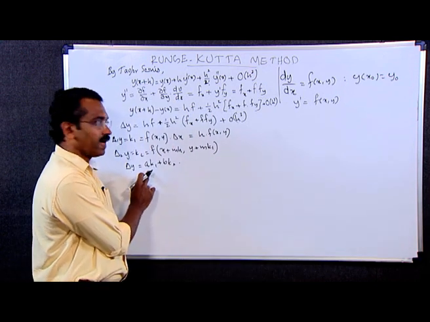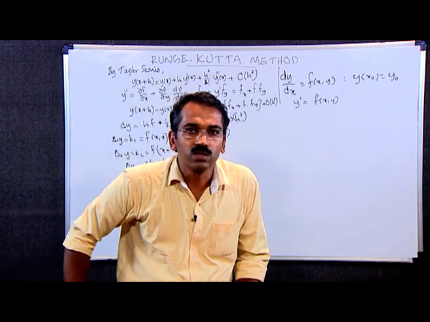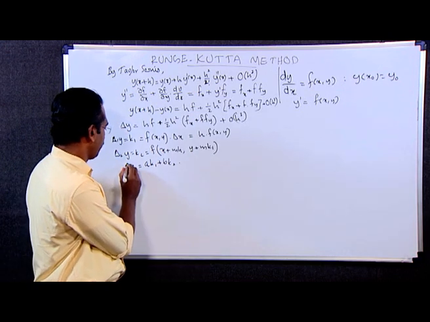These constants a and b are constants to be determined to get the better accuracy of delta y.